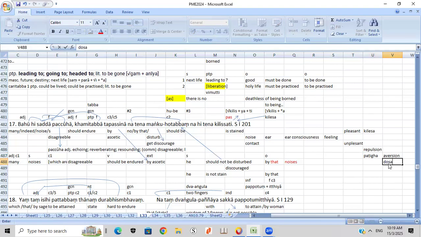In either case, whether it's pleasant or unpleasant, because kilesa will arise, there will be attachment. So both cases give rise to what we call "is stained", kilissati. Technically it's talking about the mind of the ascetic.